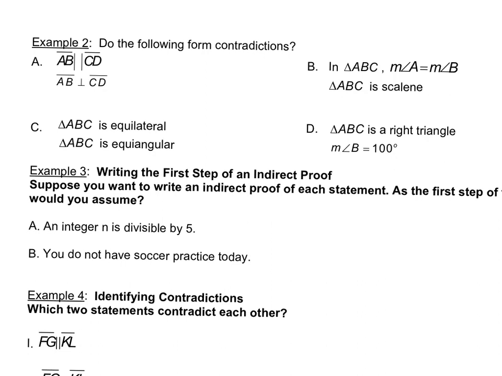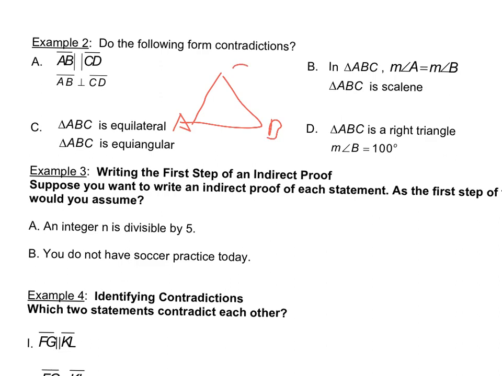B says, in triangle ABC, the measure of angle A equals the measure of angle B, and triangle ABC is scalene. Is that a contradiction? Yes, that is a contradiction, because a scalene triangle has three different sides. Let's draw a picture of a scalene triangle. So triangle ABC.